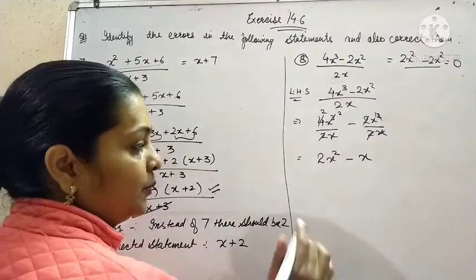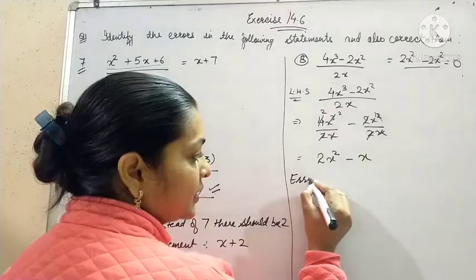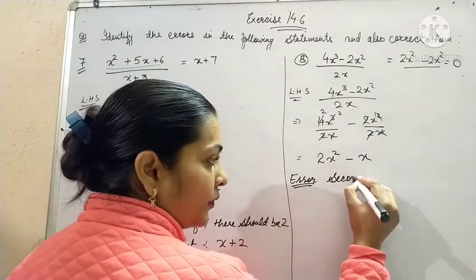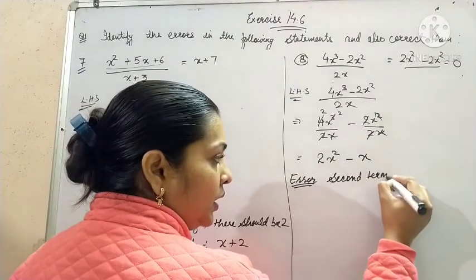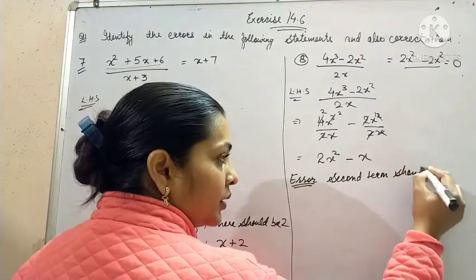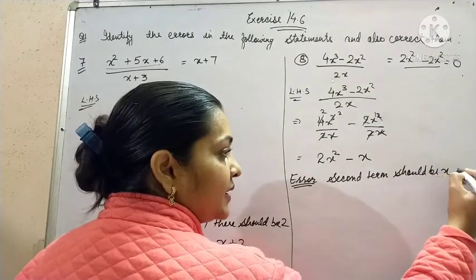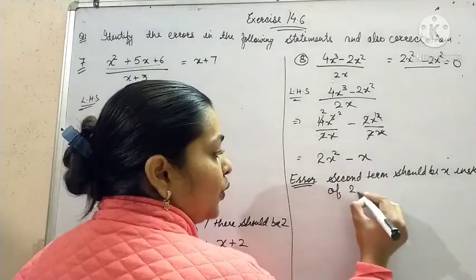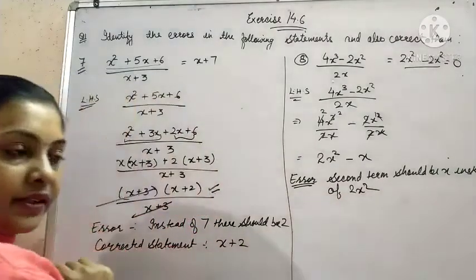Now the error is clear to you: instead of 2x² it should be x in the second term. So the error is that the second term should be x instead of 2x². Is that clear?